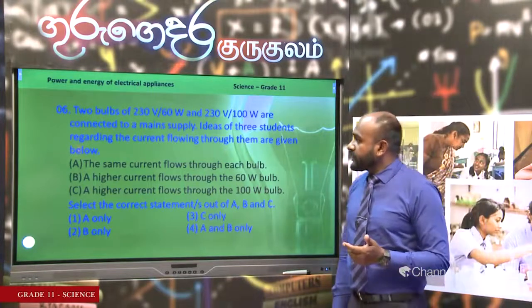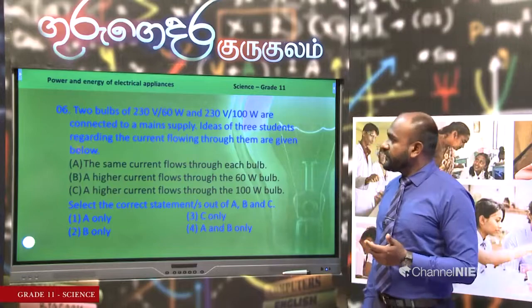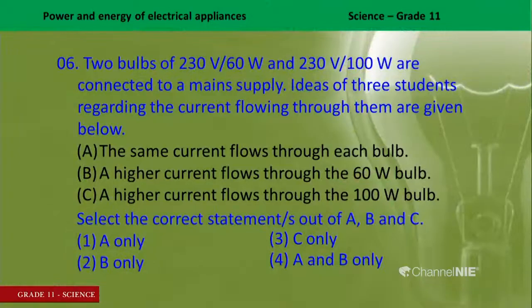Two bulbs of 230 volt 60 watt and 230 volts 100 watt are connected to a main supply. Ideas of 3 students regarding the current flowing through them are given below. Let us see their ideas. The same current flows through each bulb, that is the idea of one student.